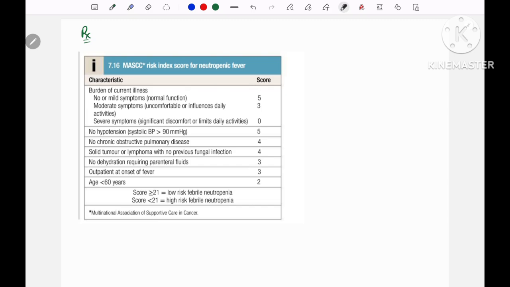According to this score, we select which antibiotic and up to which duration we should give. I will not talk in detail, I will just summarize. If the score is more than 21, then there is low risk febrile neutropenia, and if the score is less than 21, then there is high risk febrile neutropenia. We have to know this.